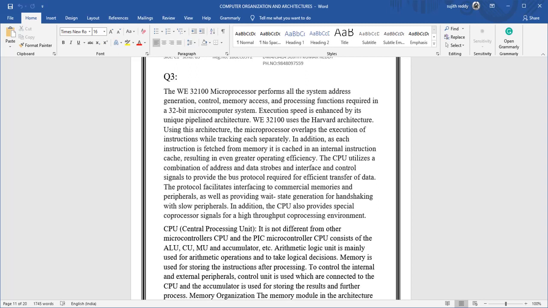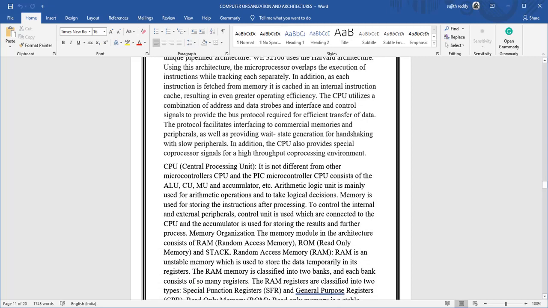The protocol facilitates interfacing to commercial memories and peripherals, as well as providing wait state generation for handshaking with slow peripherals. In addition, the CPU provides special coprocessor signals for a high-throughput coprocessing environment.